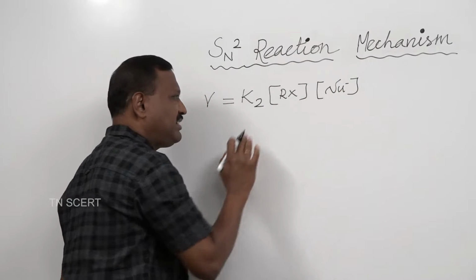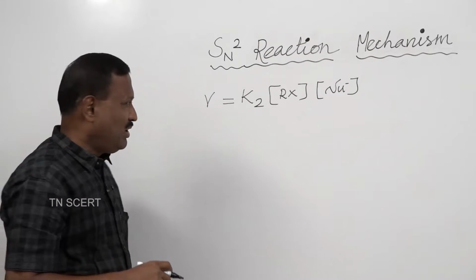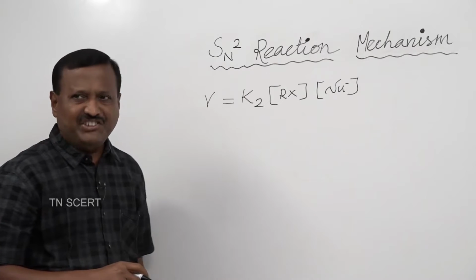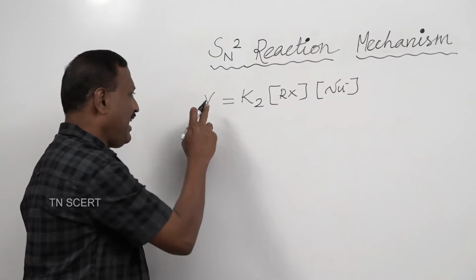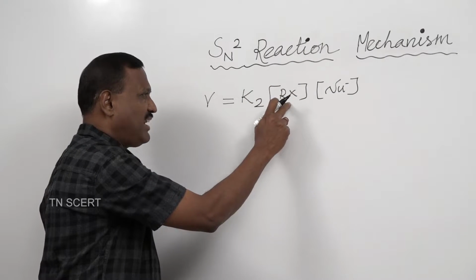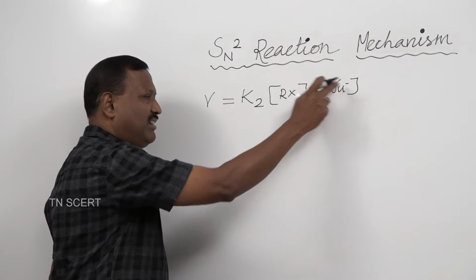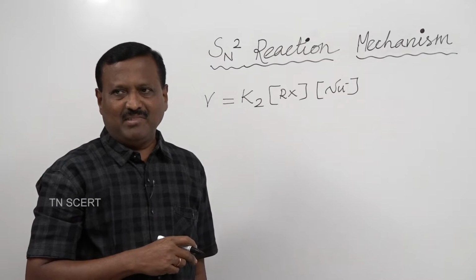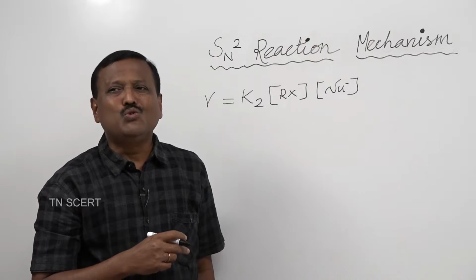So, both the concentrations are responsible for finding the rate of a reaction. So, here rate is equal to rate constant K2 into concentration of RX into concentration of the nucleophile Nu minus. Here the order is 2.